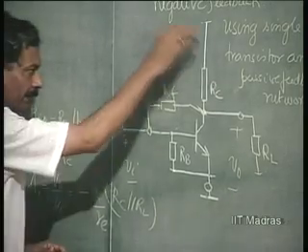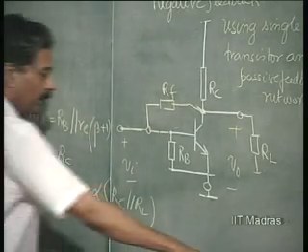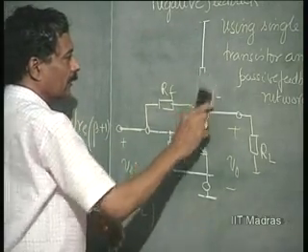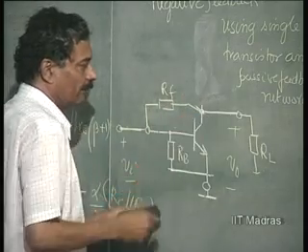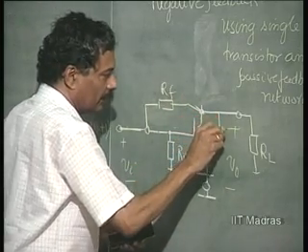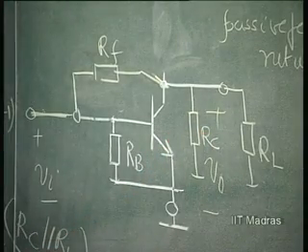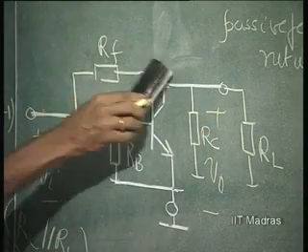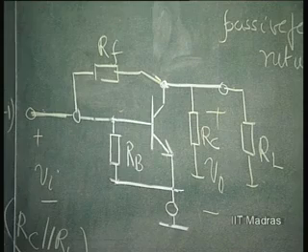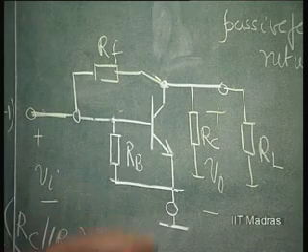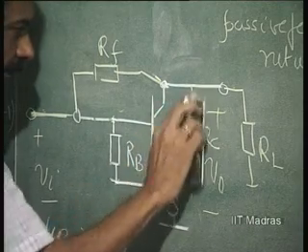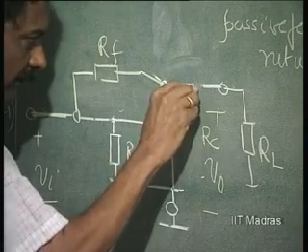When I have an amplifier like this, I will convert this now, you can see it here, this can be put in shunt with this. So, your amplifier is going to be just this, let us be very clear about it.